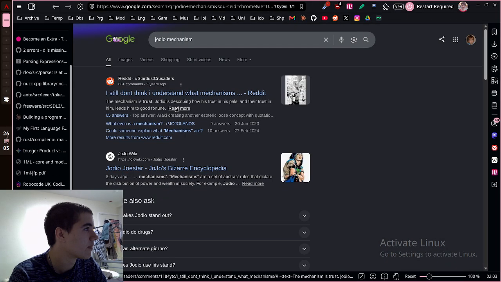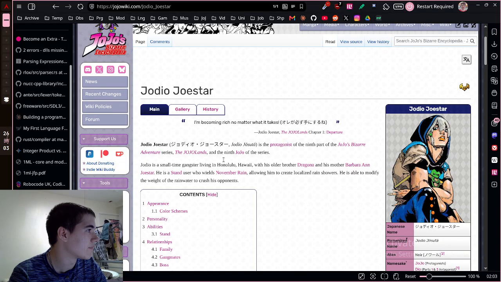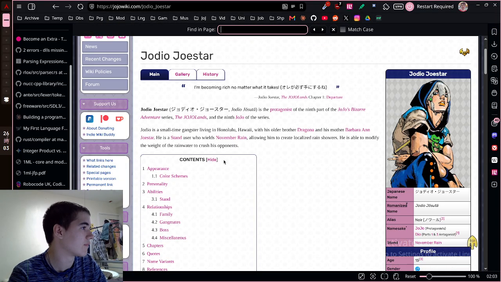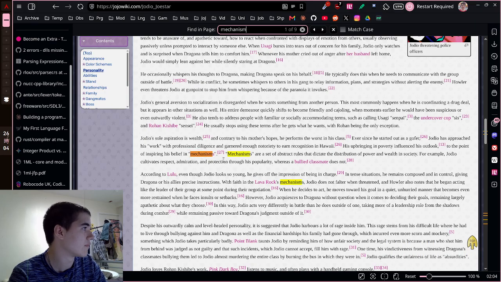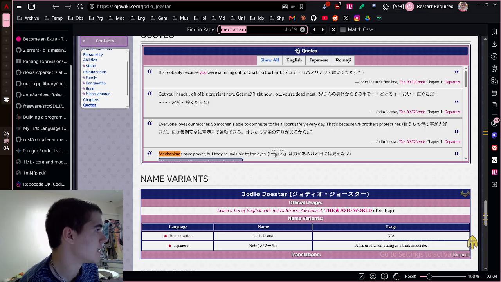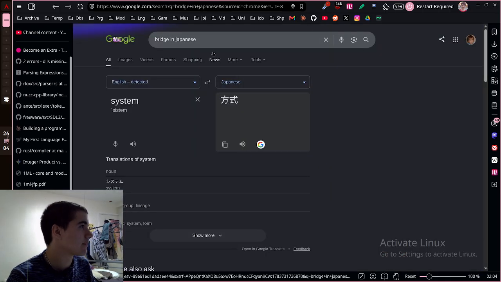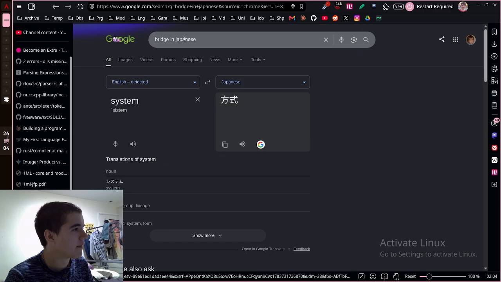Mechanism. Mechanism of power, but invisible to the eyes. Mechanism. Okay. Bridge. Okay, how about Chinese?